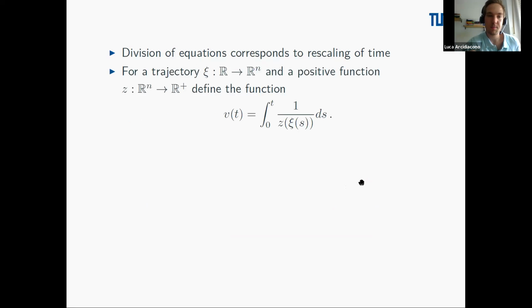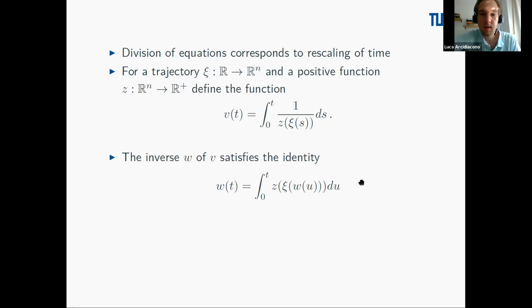For this purpose, let us consider a generic trajectory of our equation and take any positive function, let us call it z. Using this function z, we define a new time via v of t, which is given by the integral over the inverse of z along the trajectory.